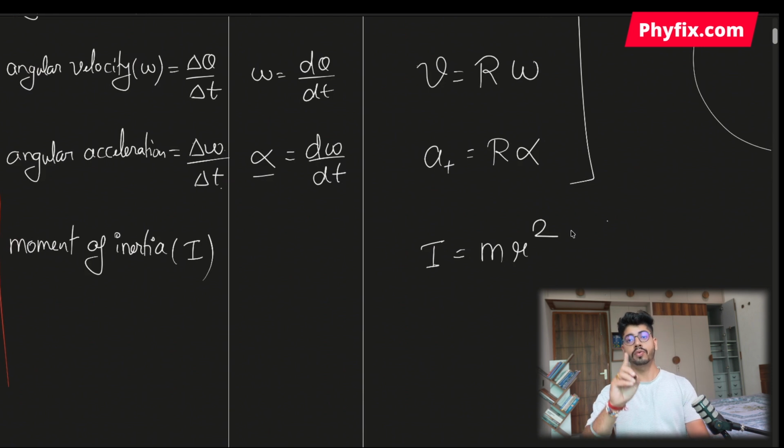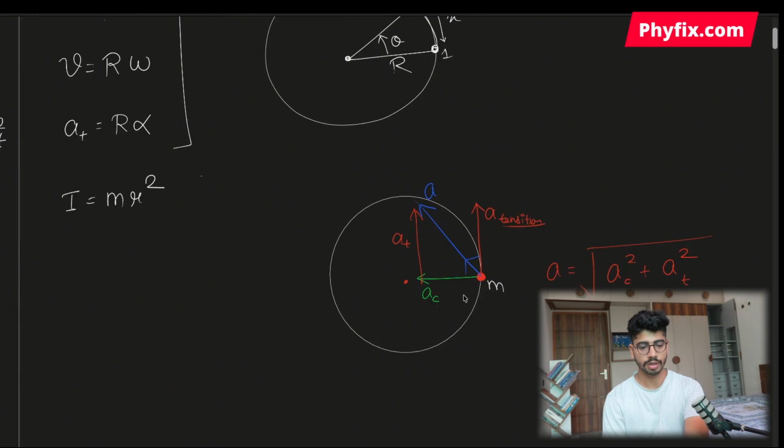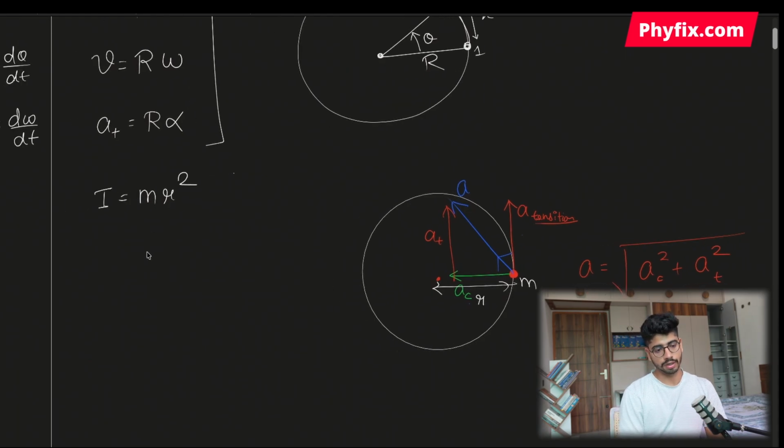This is how I'm going to write it for a single particle, where m is the mass of the particle and r is its distance from the axis. If the system is made up of multiple discrete particles, I'm going to write m1 r1 square plus m2 r2 square, and so on, and sum them.